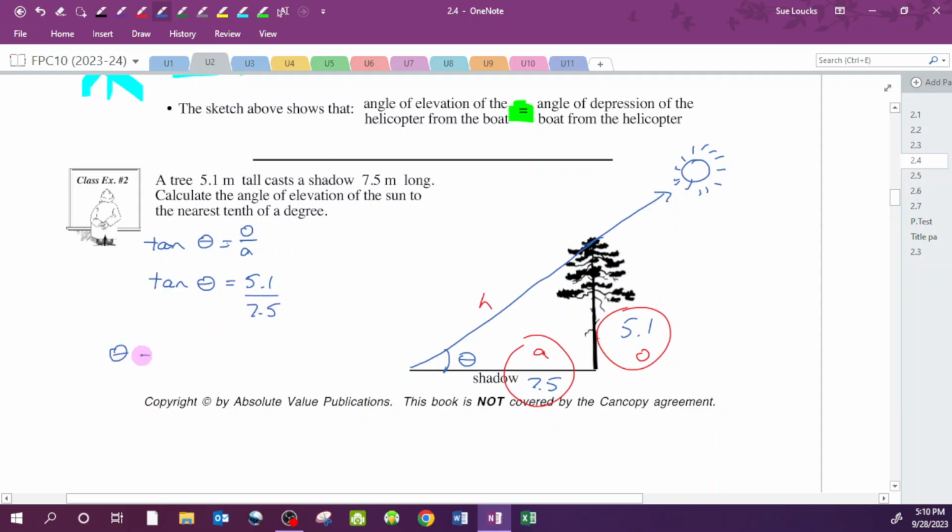So theta equals tan to the minus 1 of 5.1 divided by 7.5, and that tells me that theta equals 34.2 degrees, because they did ask us to do that to the nearest tenth of a degree. Okay? All right.